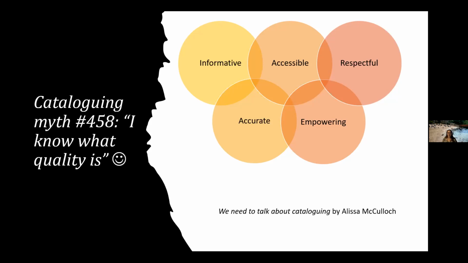And these are now some extra properties that I'll be adding the next time I talk to people about what quality metadata is, because she's right. It isn't just about whether something meets these standards, it's about our users and the conversation that we're having with them. We should hope that our catalogues are empowering and respectful as well as informative and accurate.